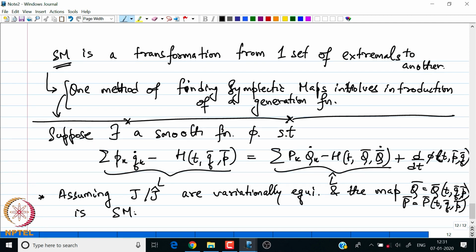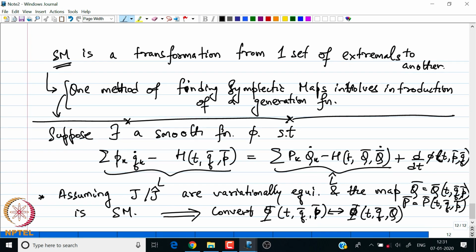Suppose this map is a symplectic map. Then the moment this map is symplectic, it implies that we can convert my function phi from one coordinate frame to the other. So phi is the same phi, with q bar, capital Q bar.